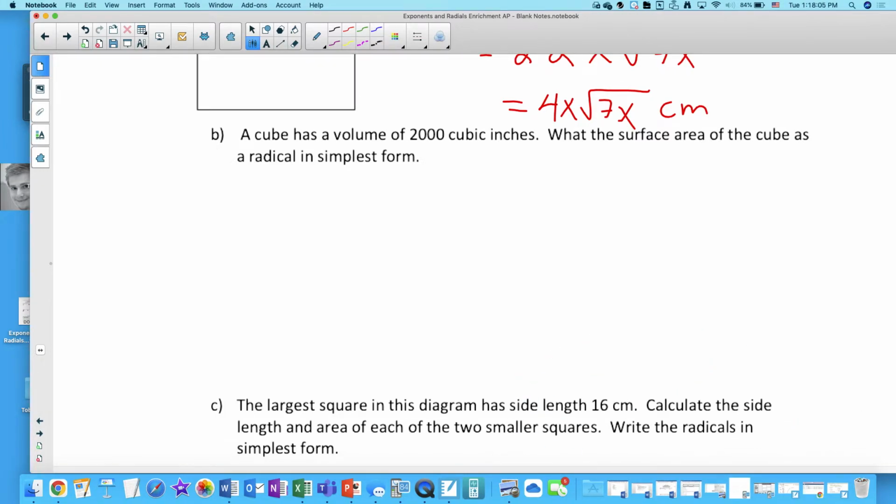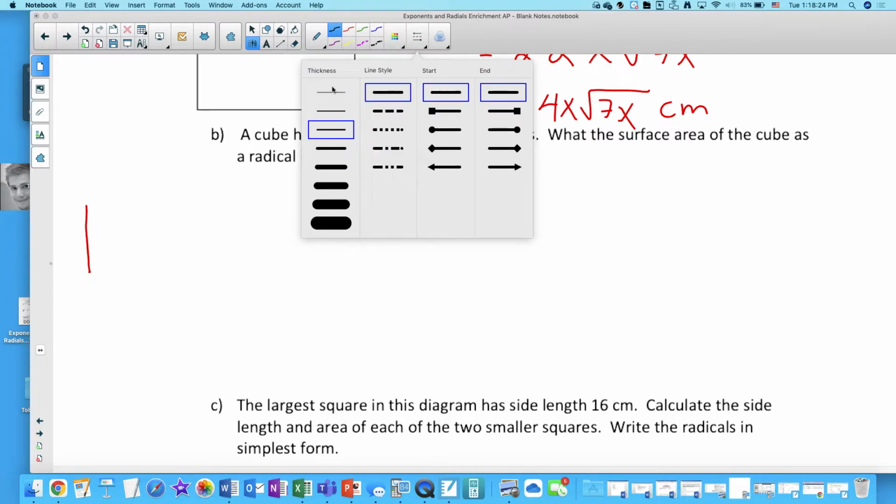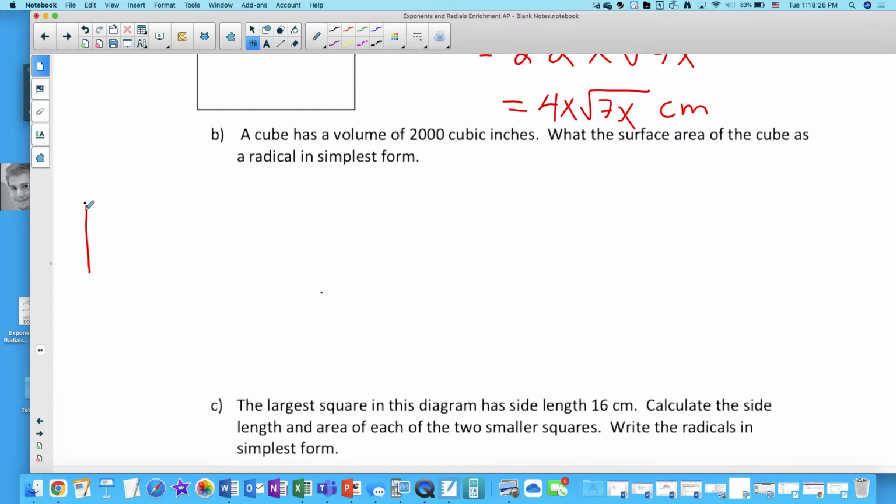I would even start by just drawing it, because we're looking at a cube in terms of its volume and its surface area, right? If you don't need to do this, that's fine. If you can visualize it, that's fine. But I personally like to draw this, right?